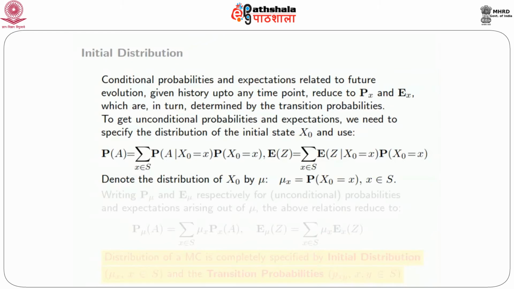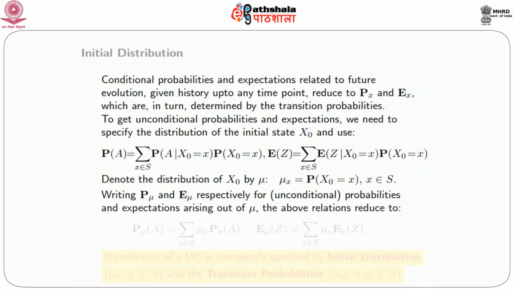If you denote the distribution of x naught by mu, by that I mean mu sub x is the probability that x naught equals x. And if you write P sub mu and E sub mu respectively for the unconditional probabilities and expectations arising out of mu, then the above relations reduce to these relations.